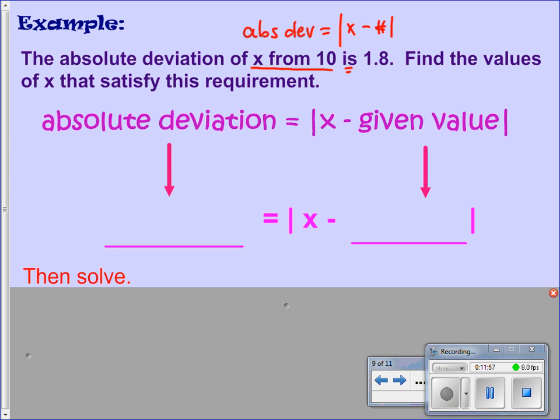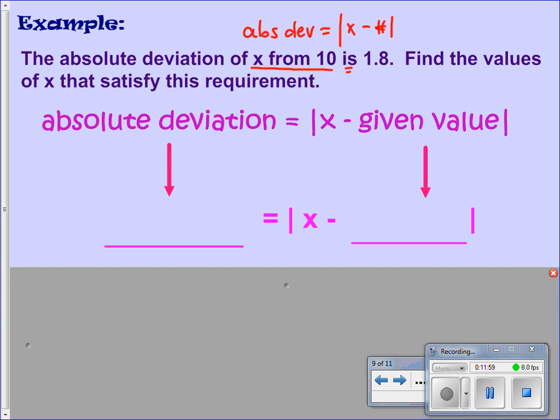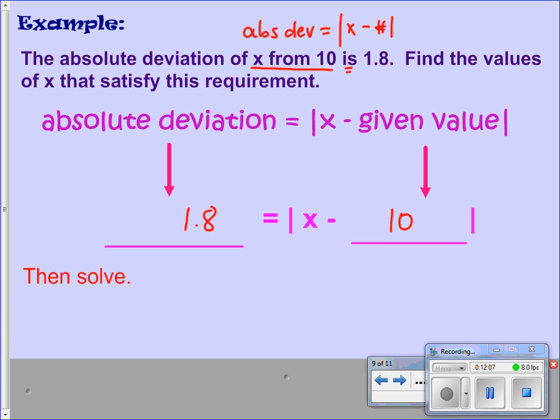So your absolute deviation is 1.8, and that equals the absolute value of x minus 10. And then we would solve. So positive 1.8 equals x minus 10, negative 1.8 equals x minus 10. And then that means x equals 11.8 or x equals 8.2.